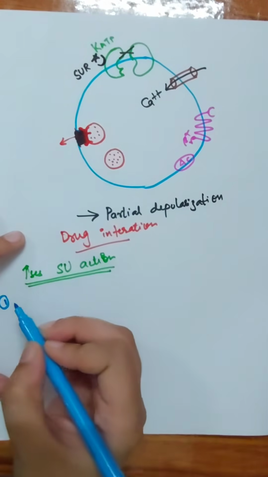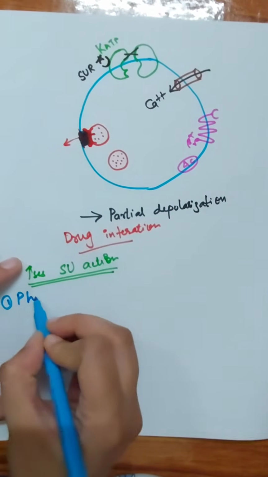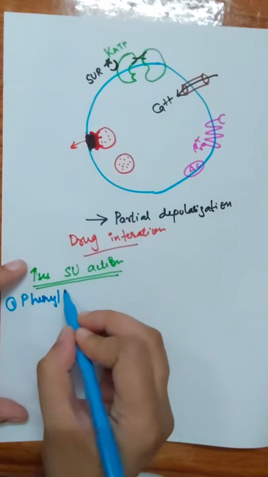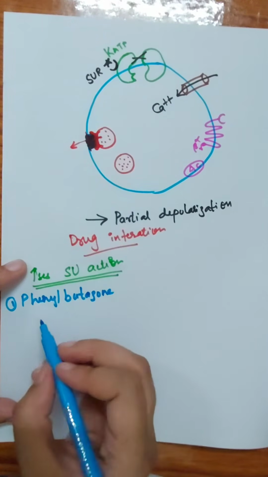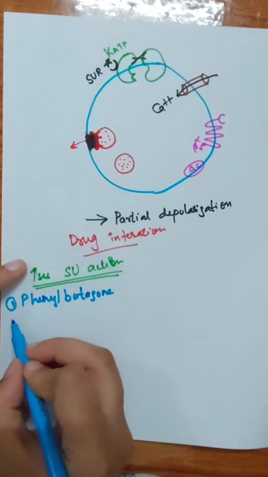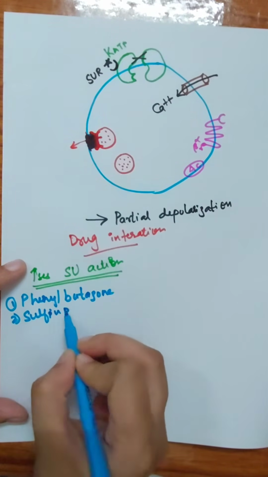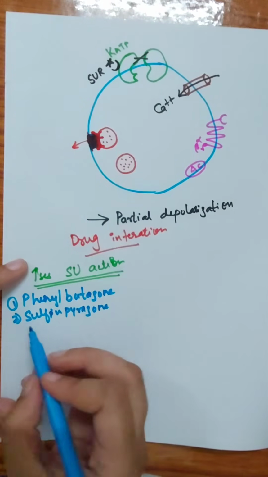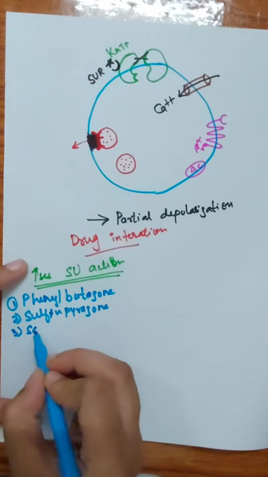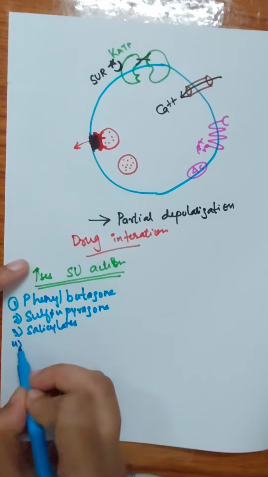First of all, we have a few drugs such as phenylbutazone, sulfinpyrazone, next we have salicylates, and even sulfonamides.